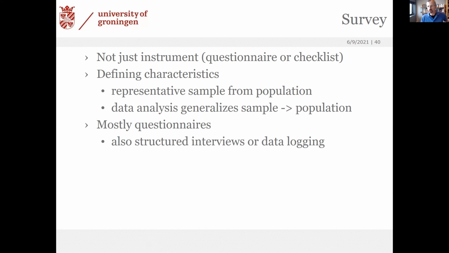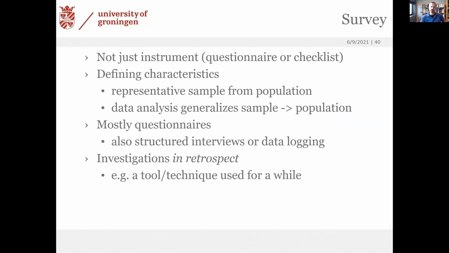Mostly surveys are using questionnaires, but you also see structured interviews, and sometimes data logging. So this is where you are monitoring Slack channels or other kinds of work artifacts to grasp the opinion of people.